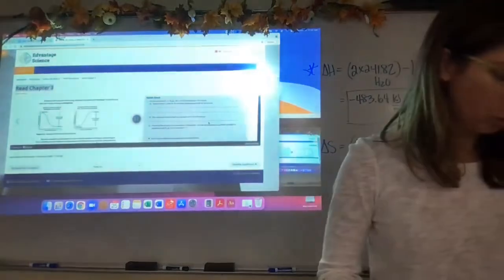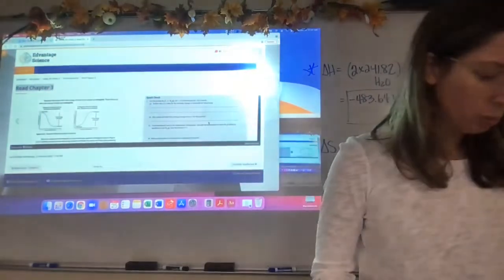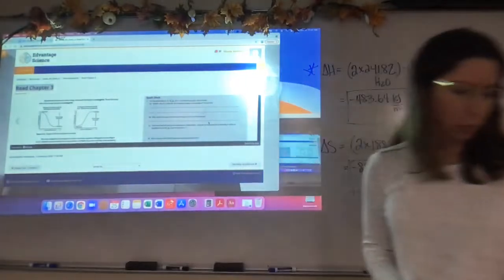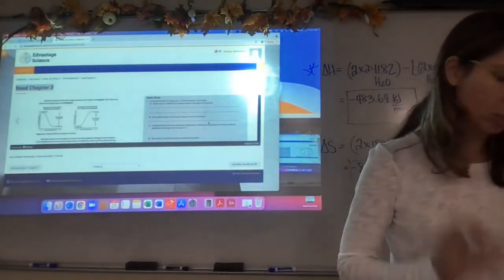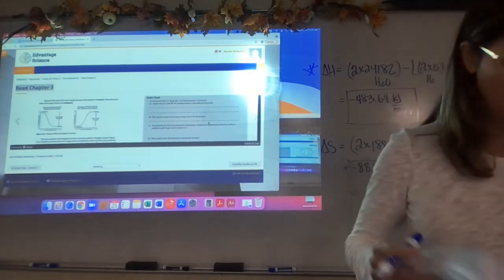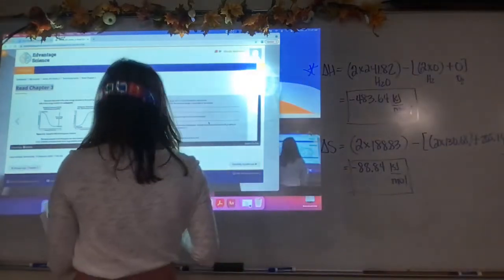Let's come down here to the quick check. It says for the process, liquid bromine converting to bromine gas has a positive delta H and a positive delta S. Explain why a positive value for the enthalpy change is reasonable for this process.